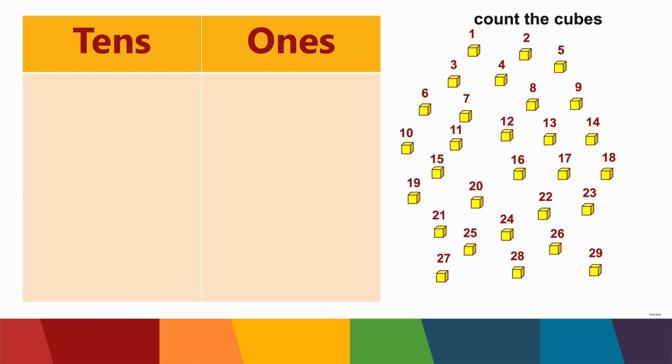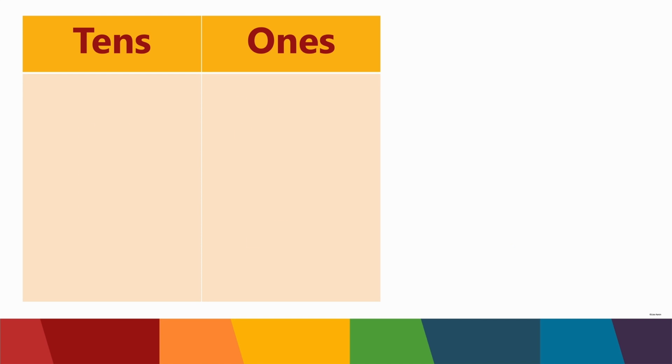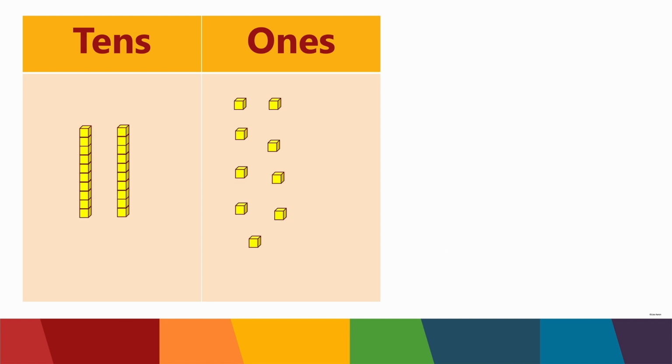Arrange these 29 cubes in the tens column and the ones column. Remember to group as many units of 10 as you can, and whatever's left over goes in the ones column. It would look like this. We have 2 units of 10 and 9 left over in the ones column. Our number would look like this.